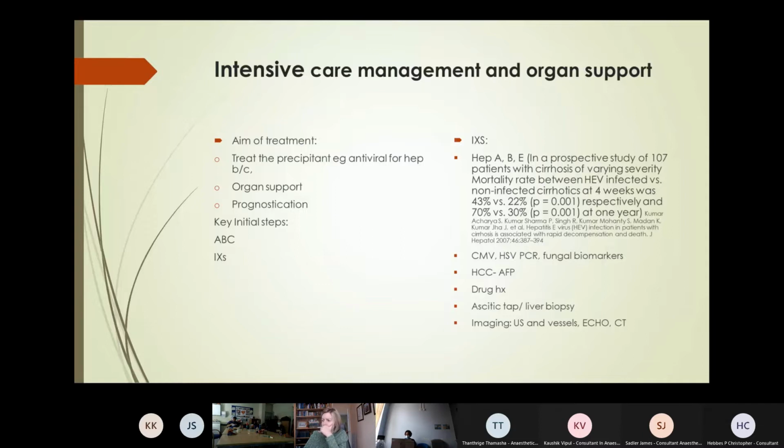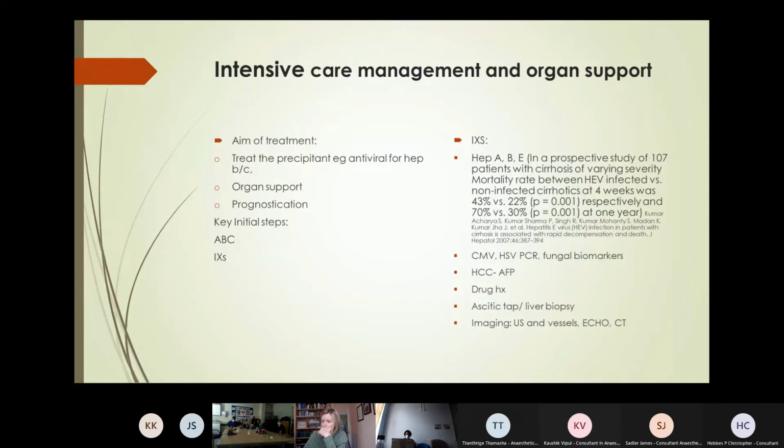Other centers have used norfloxacin, but that is no longer popular because it's associated with antibiotic resistance. Other things that have been tried are statins to reduce the inflammatory reaction, or non-selective beta blockers have also been used to reduce portal hypertension. That we know is being used for the patients who are not critically ill in the ICU.